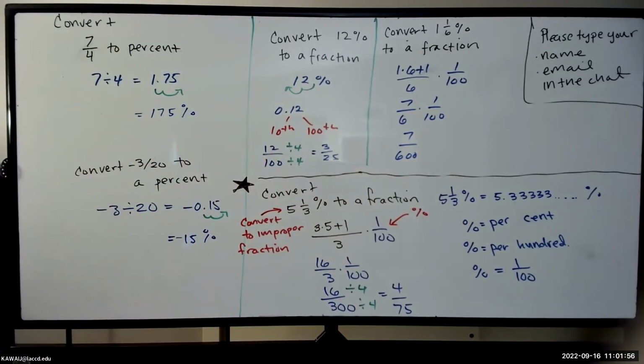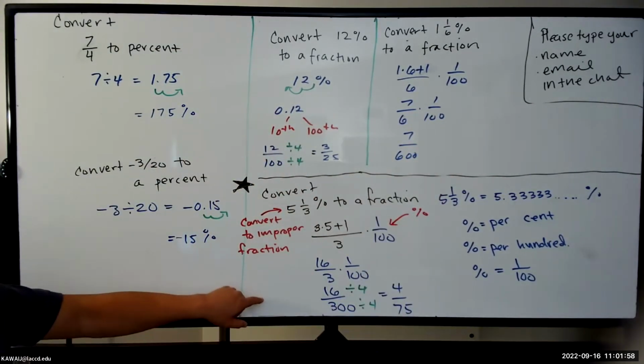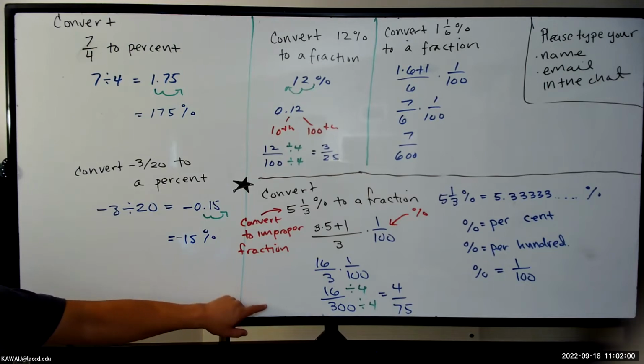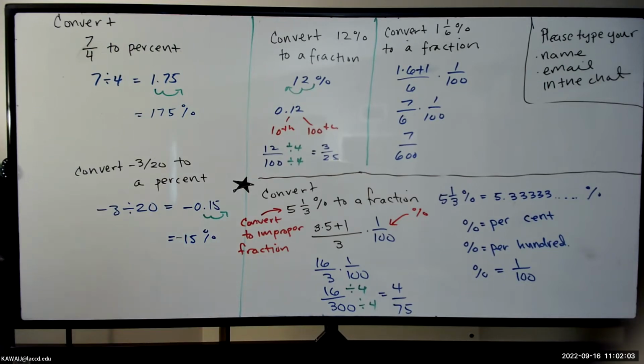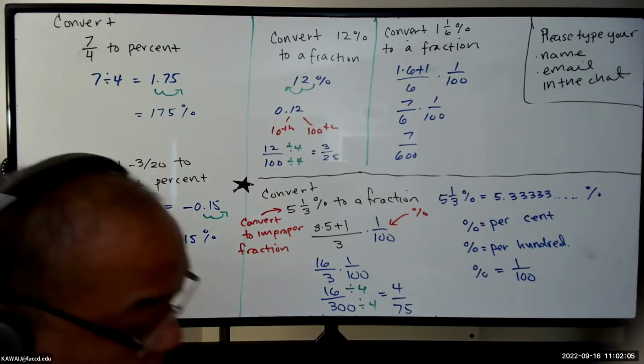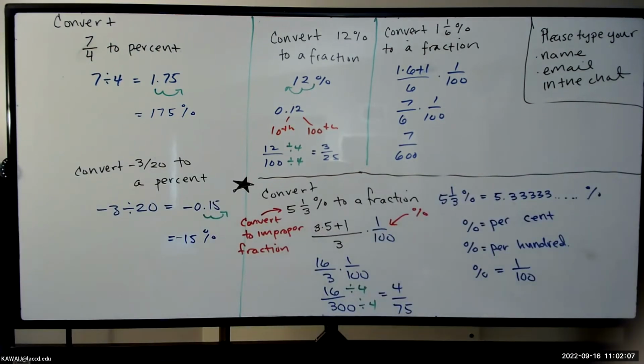And that's it. Okay, so put a star on this one. It shows up on the exam. Now, just in case they ask you to convert that to a decimal, let's do that.